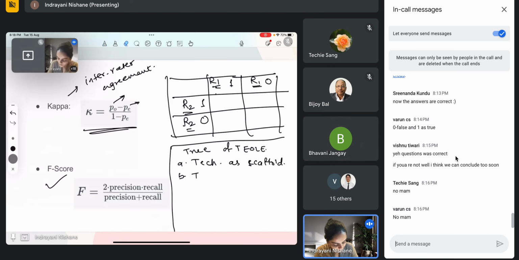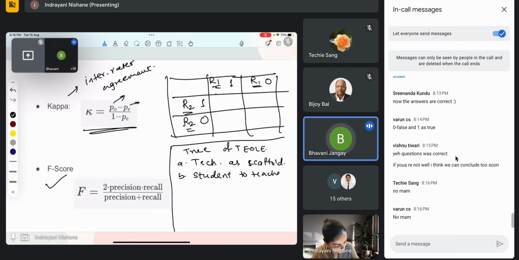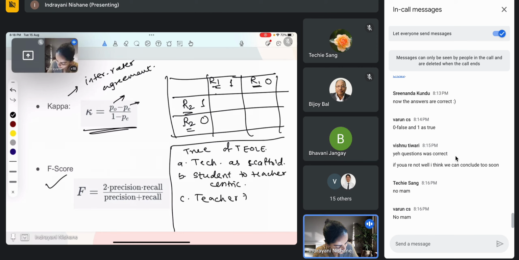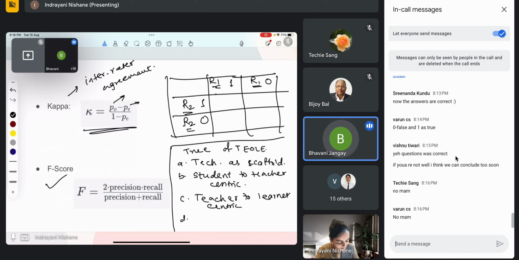Okay, from student to teacher centric, right? The third option is shift the learning process from teacher to learner centric. And the fourth option was, in TEOLE, there is no support provided by the tutor at all.